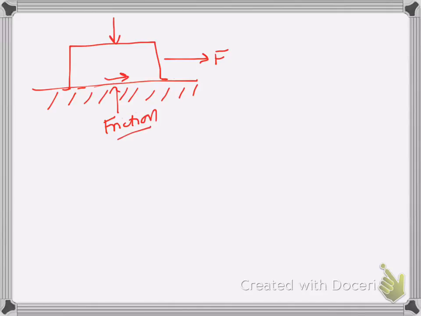So if you load it with a normal force, you might remember this from your introductory physics class, if you increase the normal force on your block, you'll increase the friction, which will make it harder to fail. This is not saying that this is always the mechanism of failure. This is just one way of modeling failure.